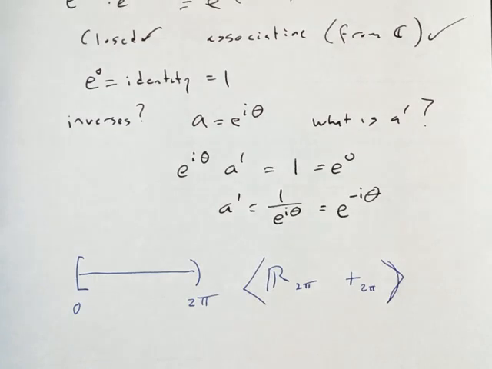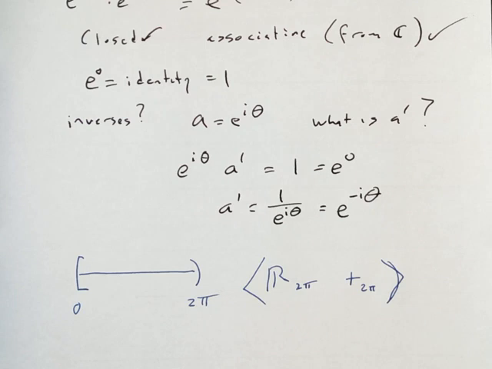That's a subgroup of the real numbers, because if you add mod 2 pi, you're always going to get a number between 0 and 2 pi. Your inverse would be 2 pi minus your number, because that would get you to 2 pi, and that would get you to 0.